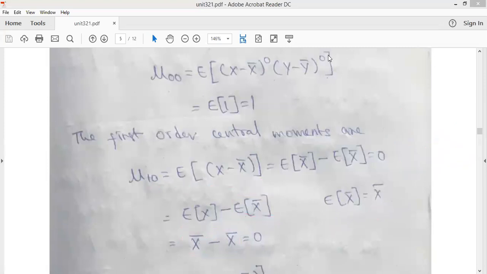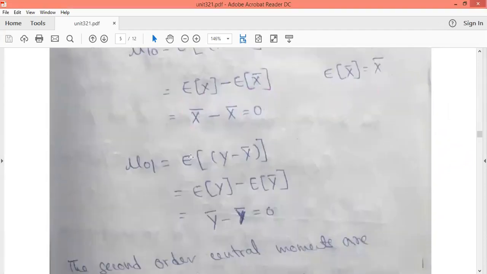And similarly, mu 0 1 can be written as the expected value of (x minus x bar) power 0, (y minus y bar) power 1. So we will have the expected value of y minus y bar only. This can be written as the expected value of y minus the expected value of y bar.